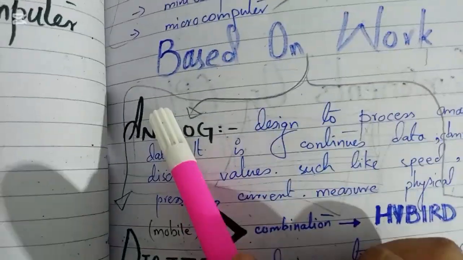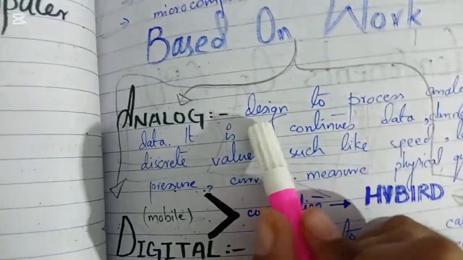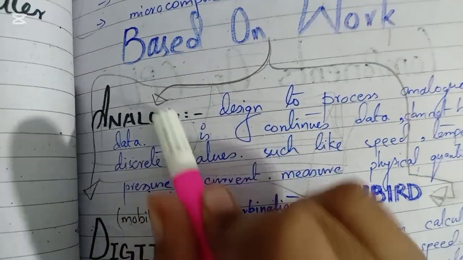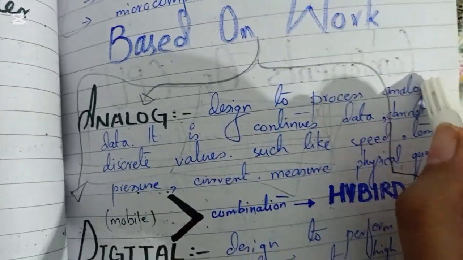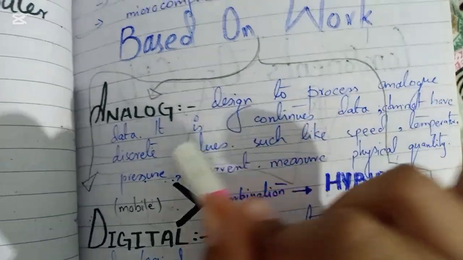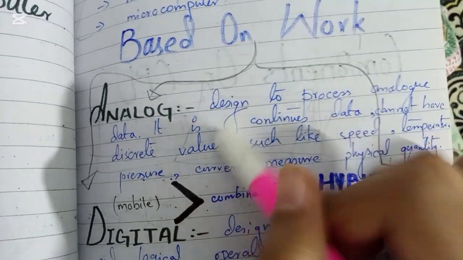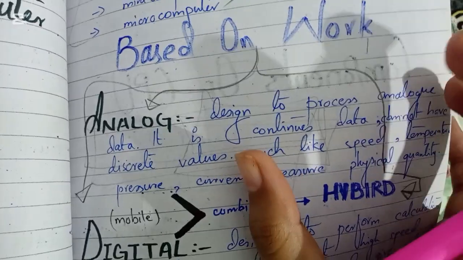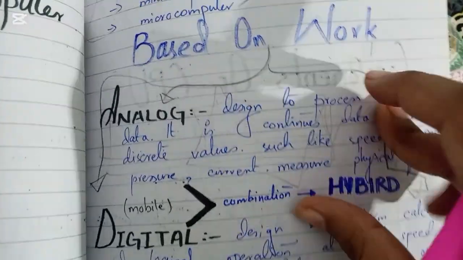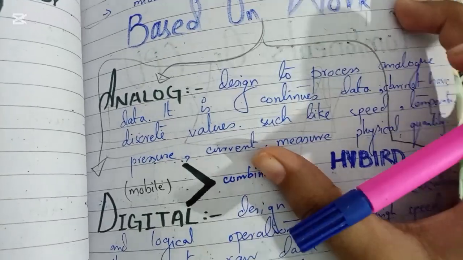Now, based on work we have three types of computer: analog, digital, and hybrid. Let's talk about analog first. Designed to process analog data. It is continuous data, cannot have discrete values.